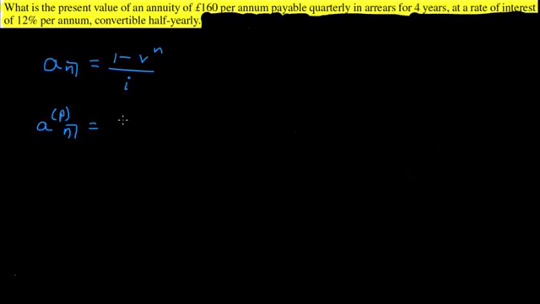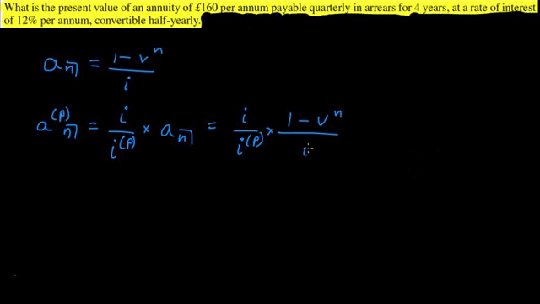It is going to be i divided by i to the p, times the annuity that we have, which comes to be i over i to the p times 1 minus v to the n over i, and we cross out both these i's, so it gives us a nice, neat little formula of 1 minus v to the n over i to the p. In our case, that p will be a 4, that n will be a 4 because we'll use years, and the interest rate in here will be the effective annual interest rate.